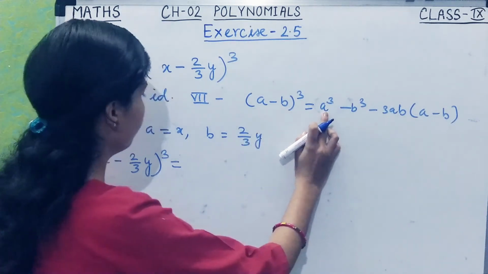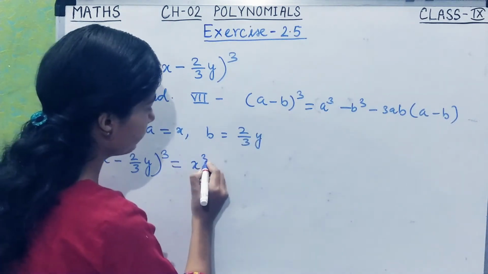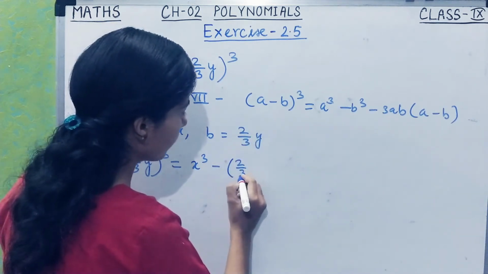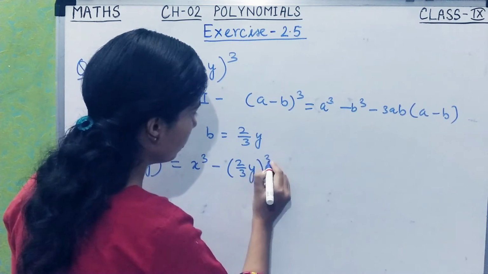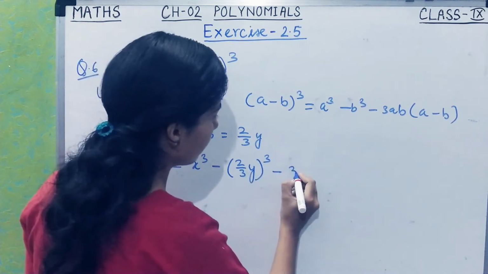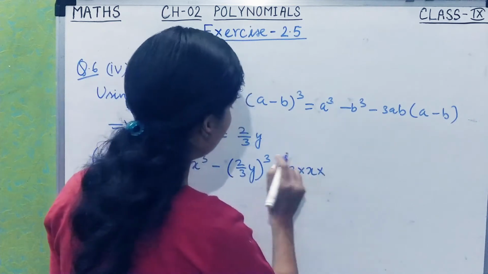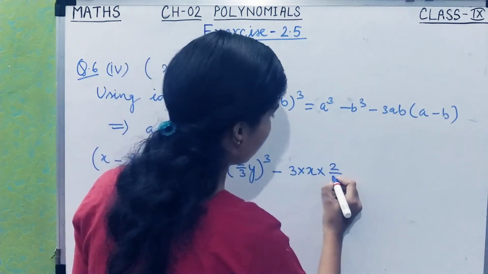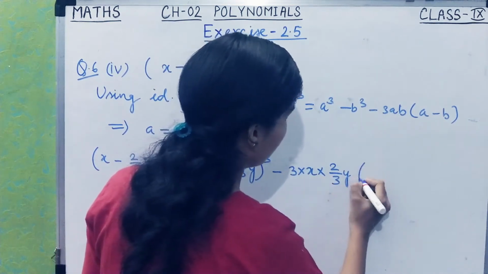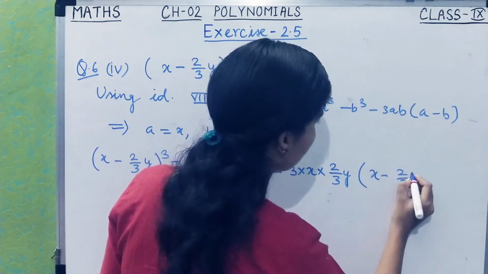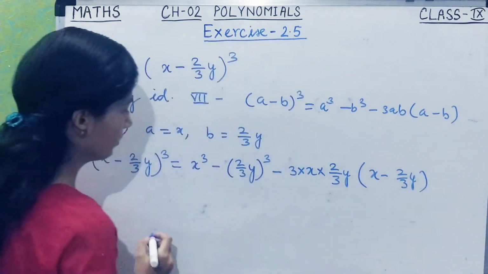So a cube means x cube, minus b cube means (2 upon 3y) whole cube, minus 3 into a, what is a? x, into b, what is b? 2 upon 3y, in bracket (x minus 2 upon 3y).